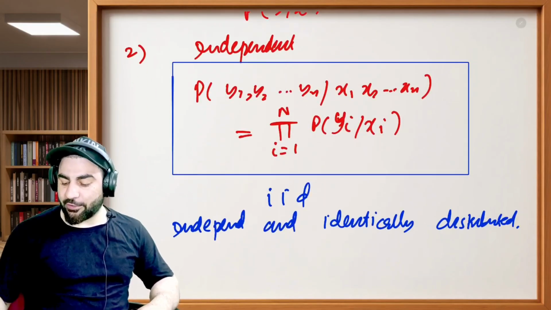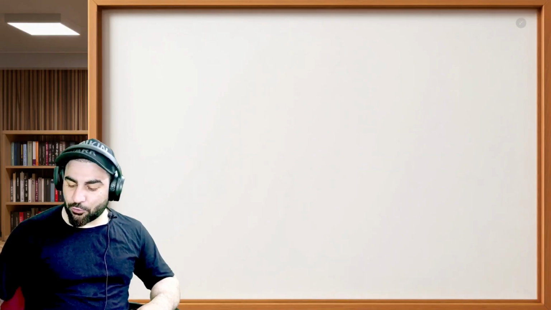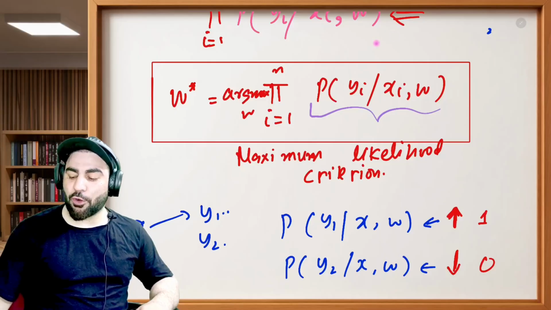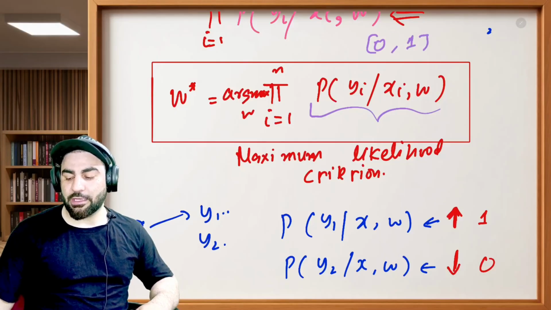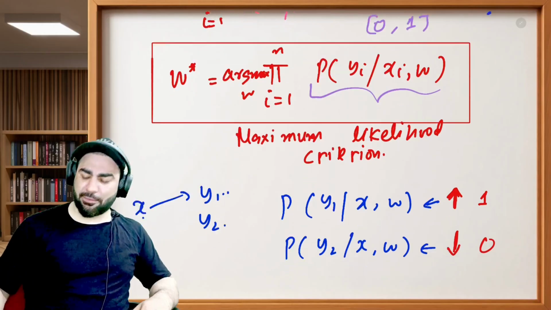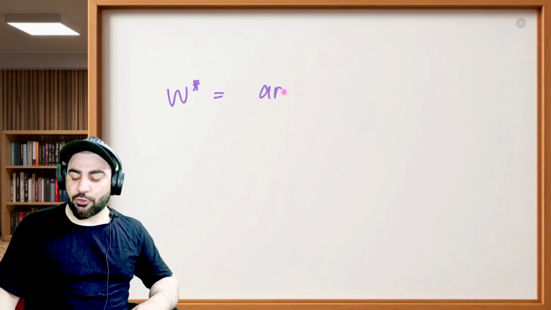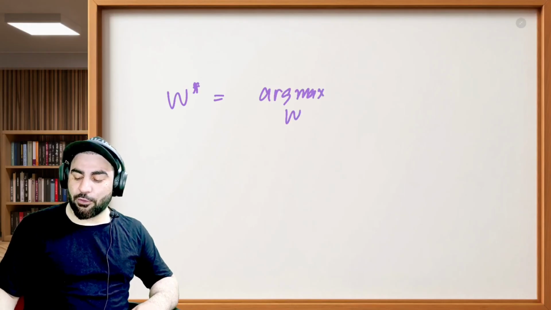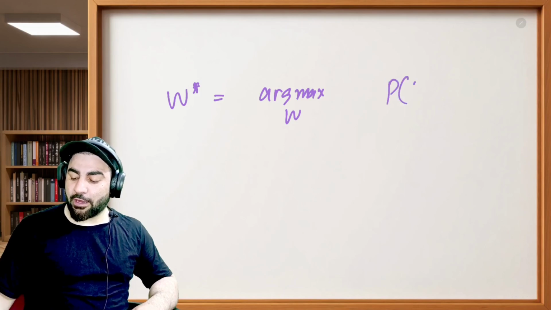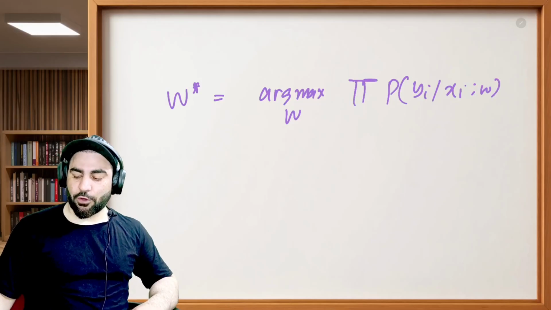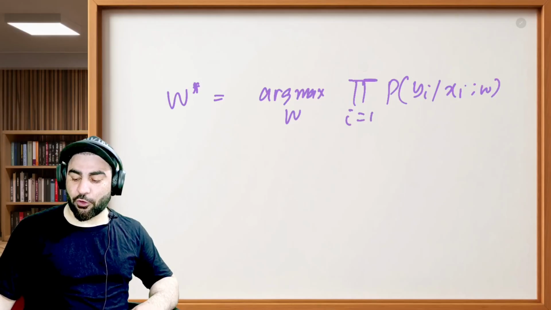So the ideal w star should be the argmax over w, where w is adjusted such that the probability of yi given a particular point xi and w, multiplied for all the data points 1 to n, is maximized.